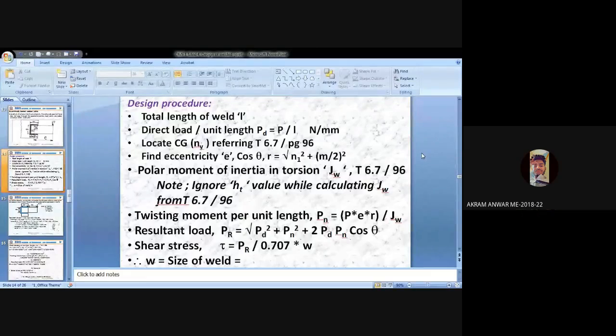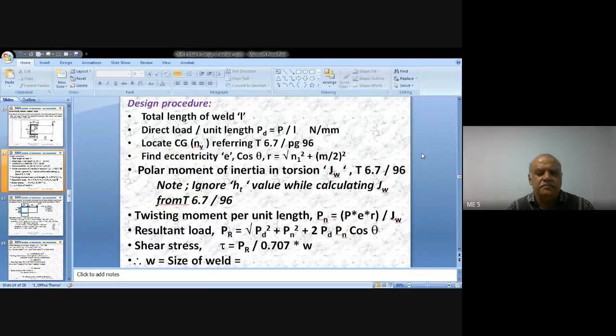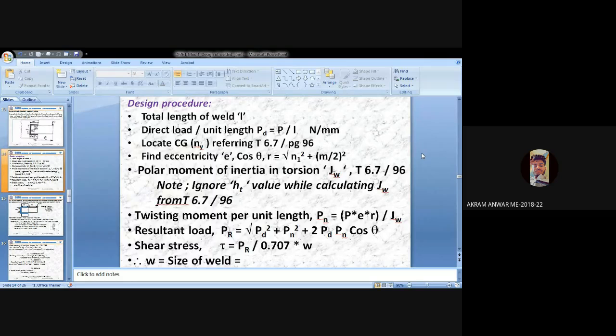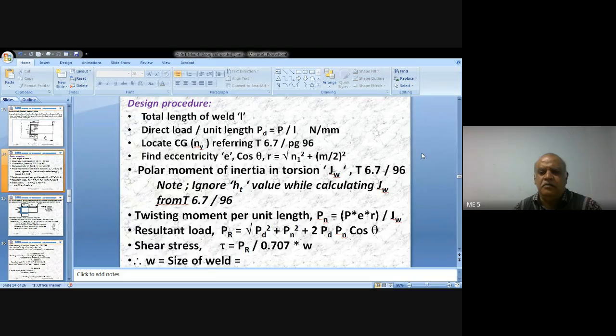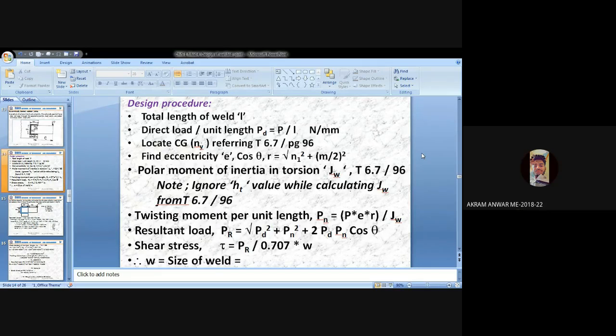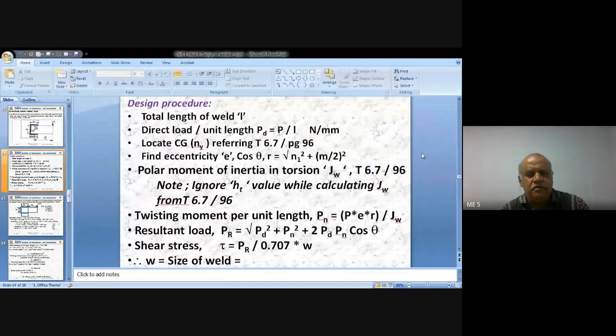Resultant load PR is equal to square root of PD square plus Pn square plus 2 PD into Pn cos theta. Again, shear stress tau is equal to PR divided by 0.707 into W, where W is the size of weld. So from the shear stress equation, we are going to get the value of W.